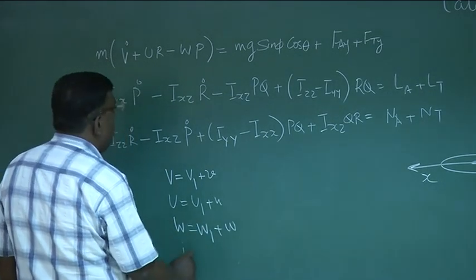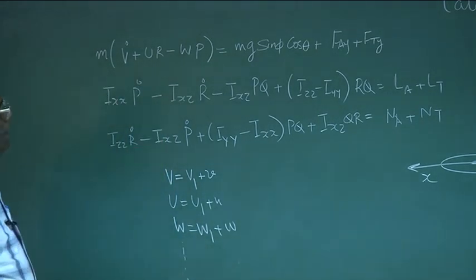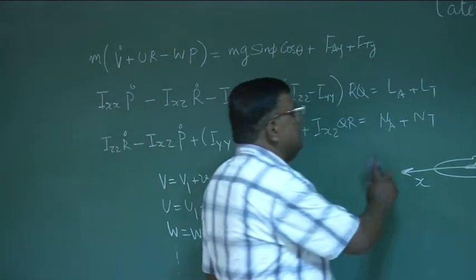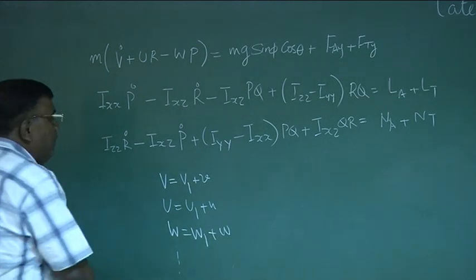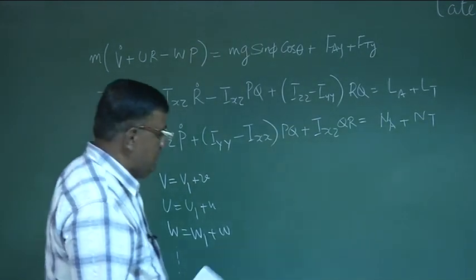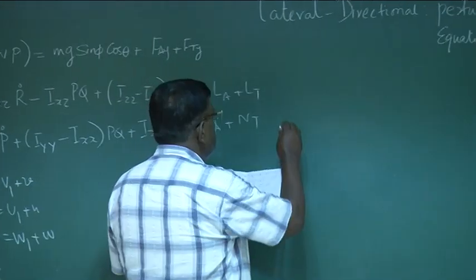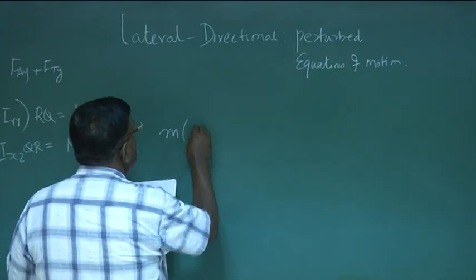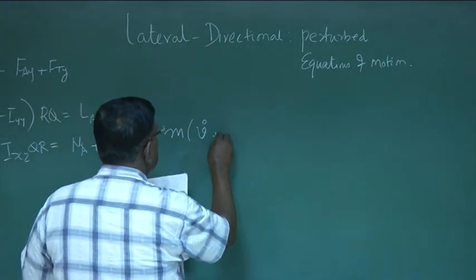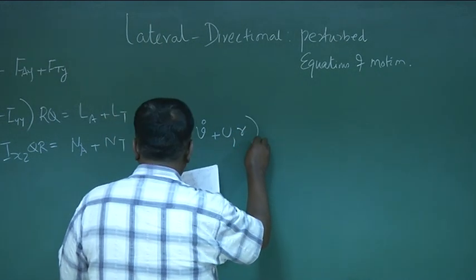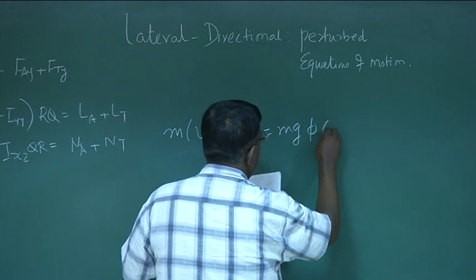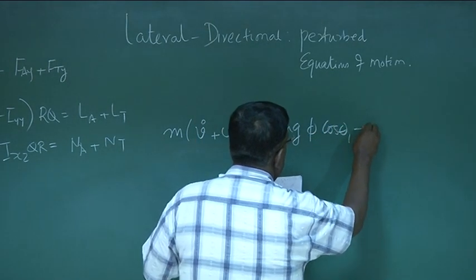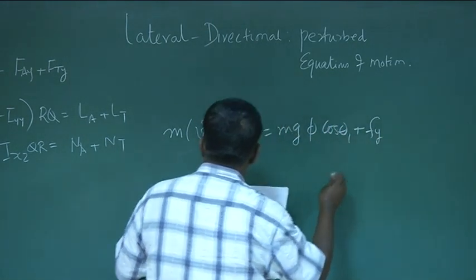We will be substituting like this here, and by doing this substitution and exactly following whatever you have followed for the longitudinal case, you will get the perturbed equations of motion as m(v dot + U1 r) = mg phi cos theta 1 + Fy.